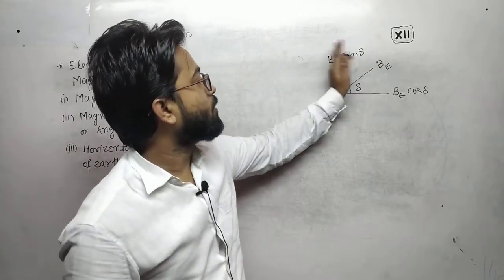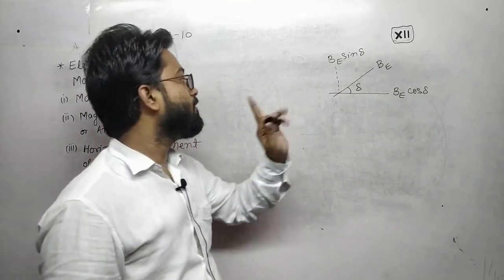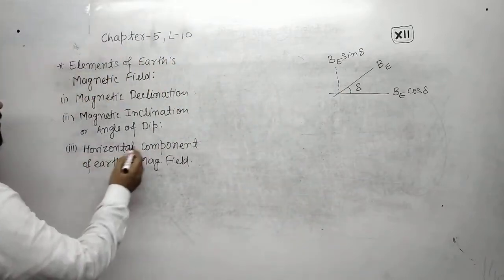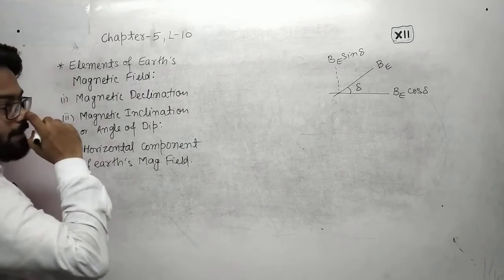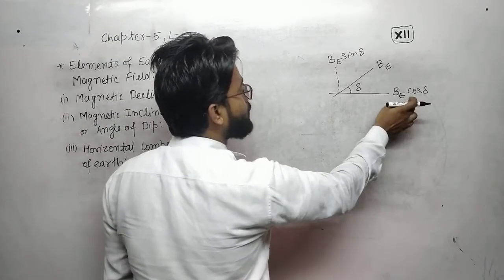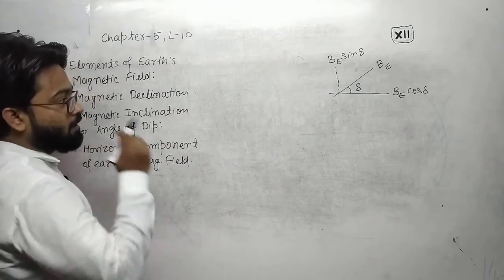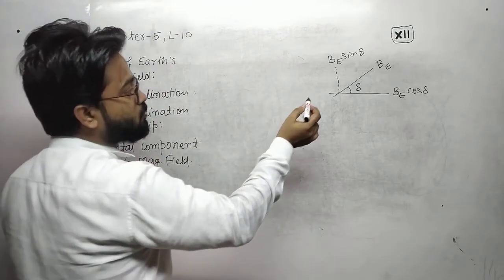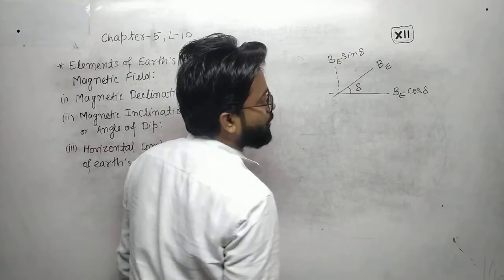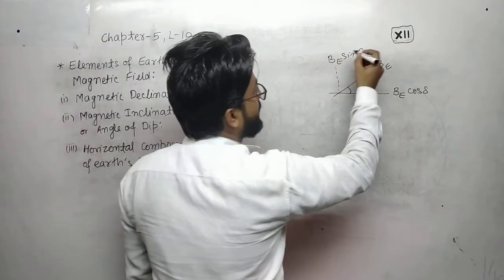This is the horizontal component and this is the vertical component. Only one component we take as the element of Earth's magnetic field, because if you have the horizontal component, you can calculate the vertical component. Both are interrelated.